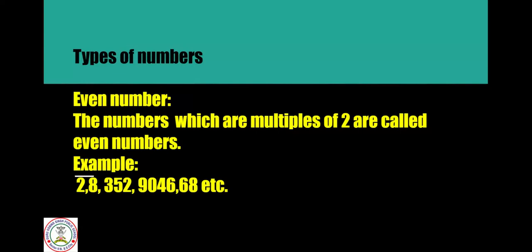Even numbers. The numbers which are multiples of 2 are called even numbers. Example: 2, 8, 352, 9046, etc.